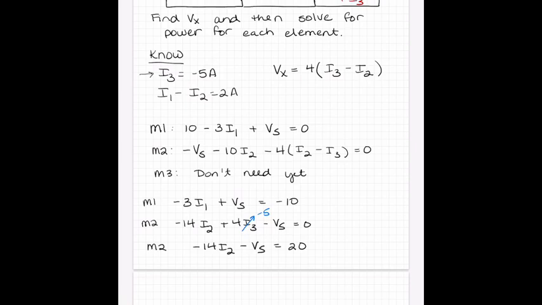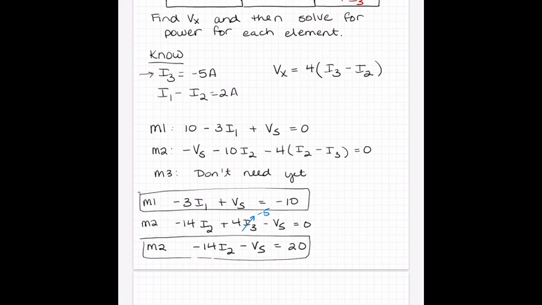All right, so we have these two equations here, simplified, but we have 1, 2, 3 unknowns. But our third equation is sitting right here.